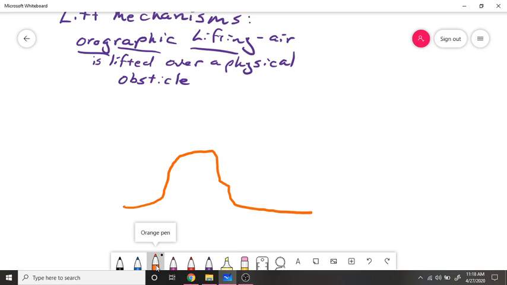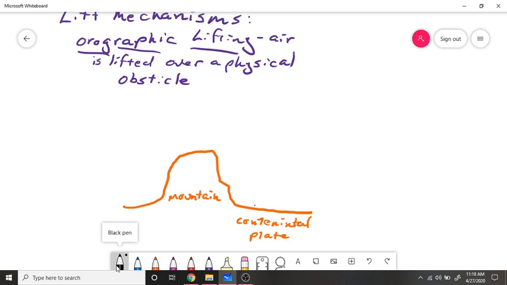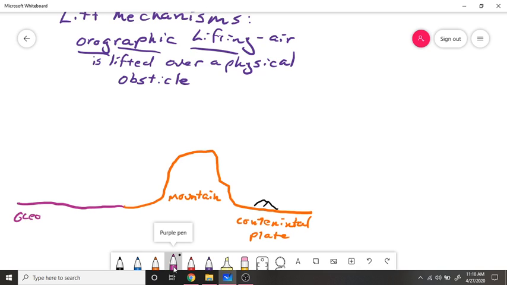Here's my mountain. And out here is the ocean.